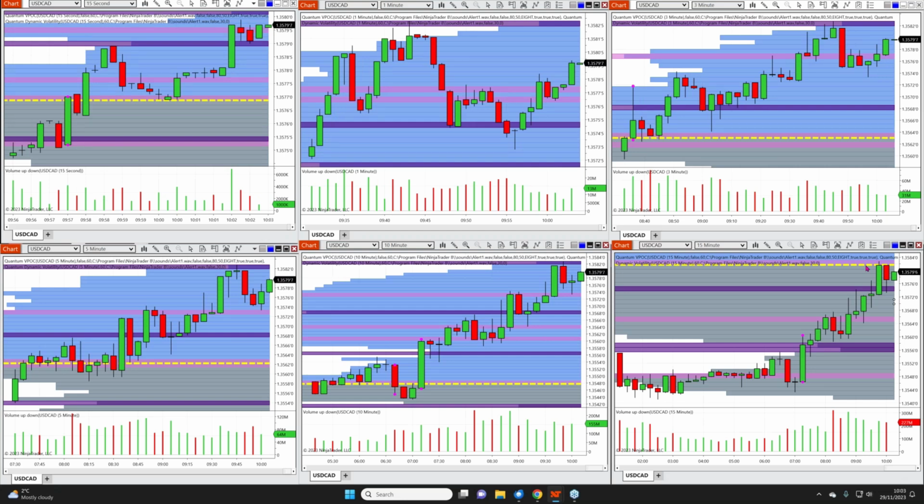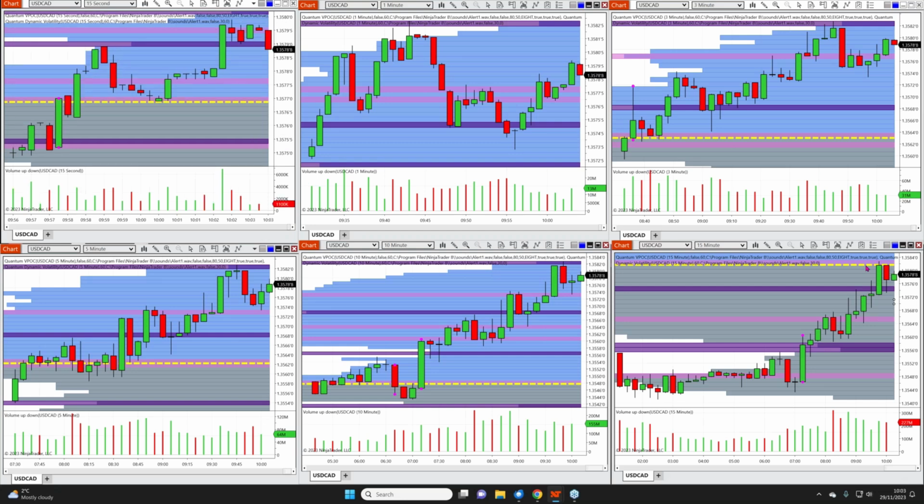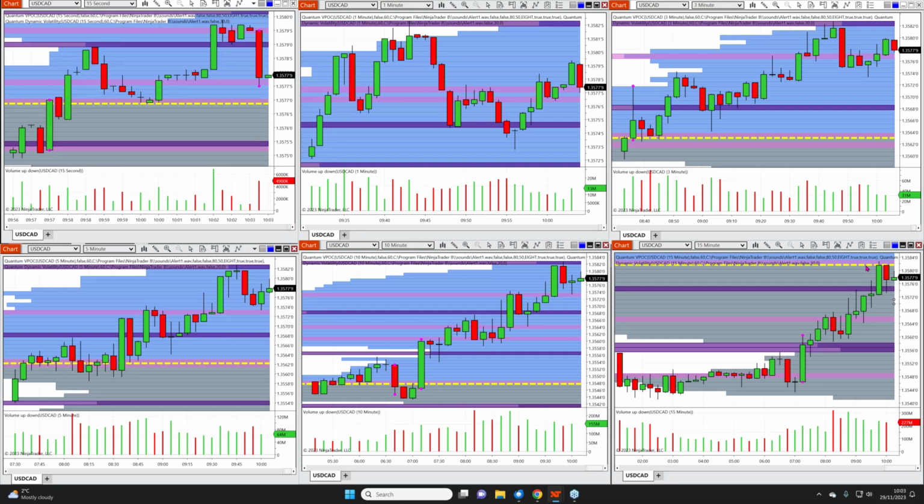Whether you are seeing that from a volume and price perspective, or from an indicator perspective, it doesn't matter. The slower the time frame, the greater will be the importance of that event. And one of the reasons, at any rate, that the price action has stalled at this level is because of that volume point of control. It carries a lot of weight.